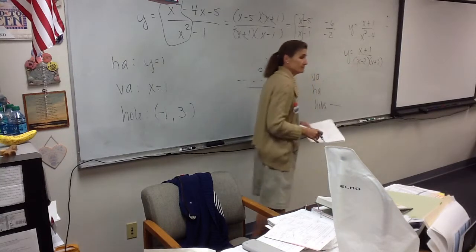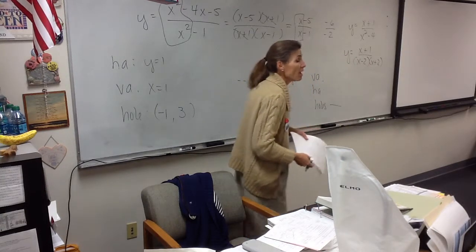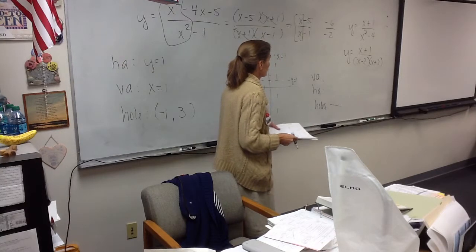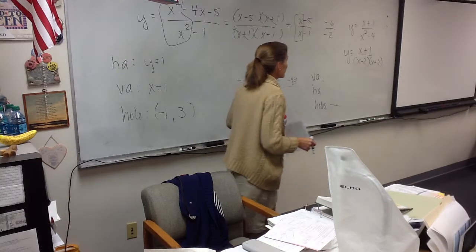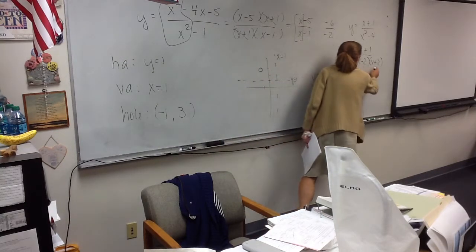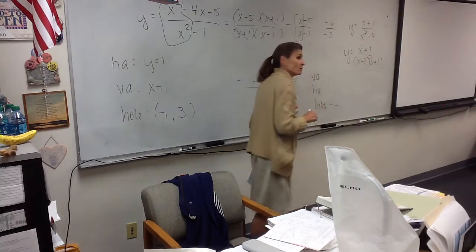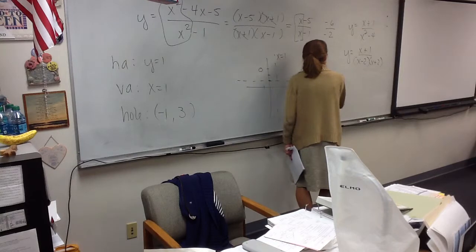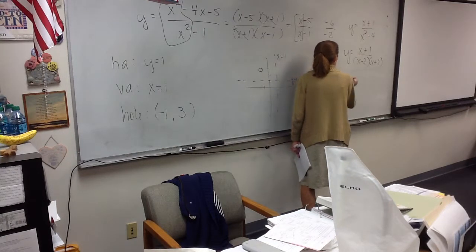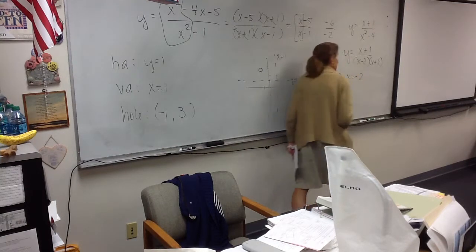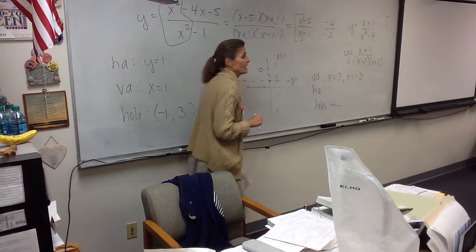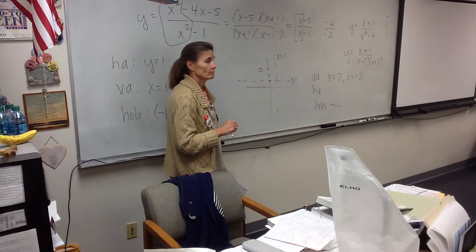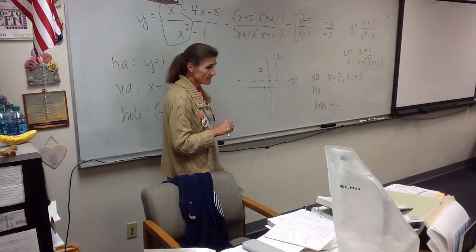That's okay. Usually we don't. However, this tells me what about my vertical asymptotes? There's going to be 2 of them, and where will they be? x equals 2 and x equals -2. I'm going to have 2 vertical asymptotes. Right?